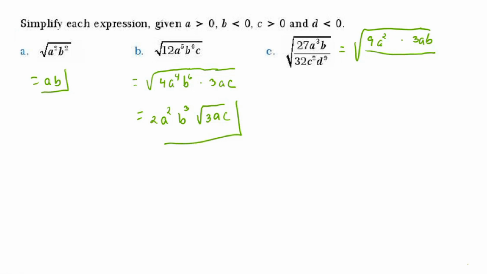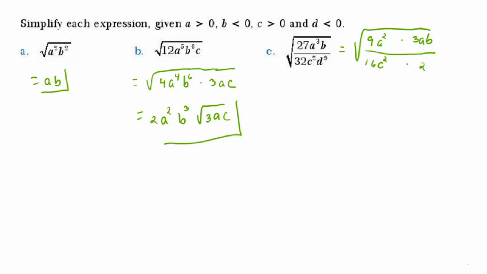What are the factors of 32 where one of the factors is a perfect square? I guess 16 times 2. 16 times 2 is 32, and 16 has a perfect root. So I will write here 16, and the other is 2. And then c squared, since the exponent is an even number, divided by 2 will give you a whole number. So just write here c squared.